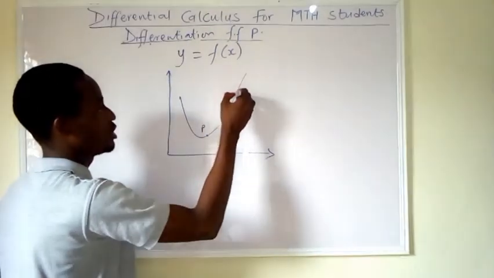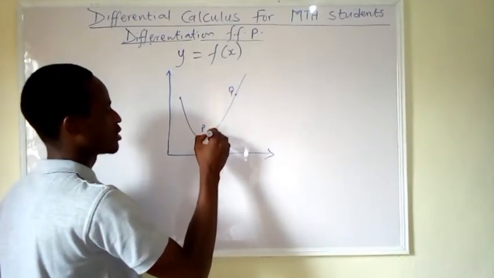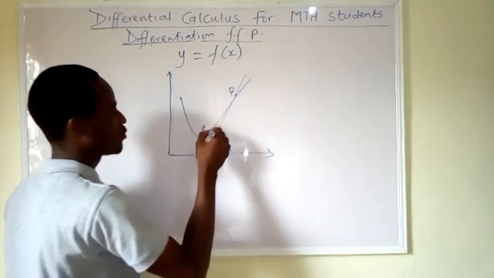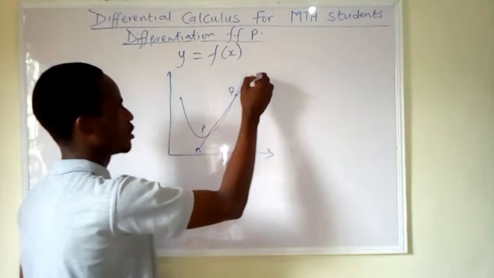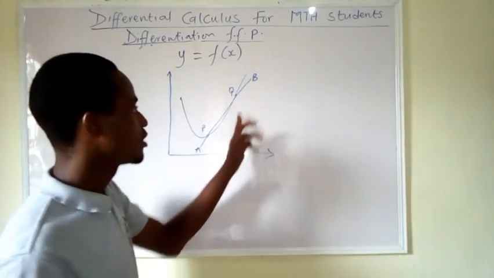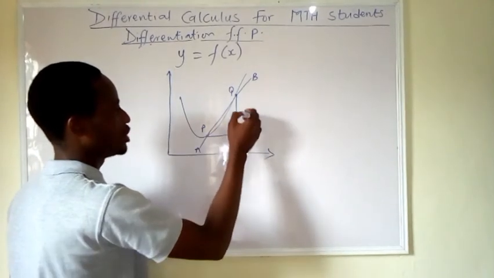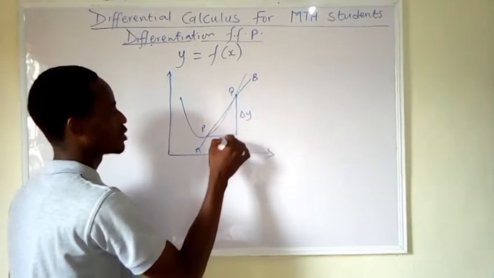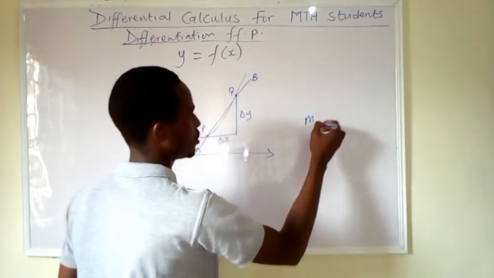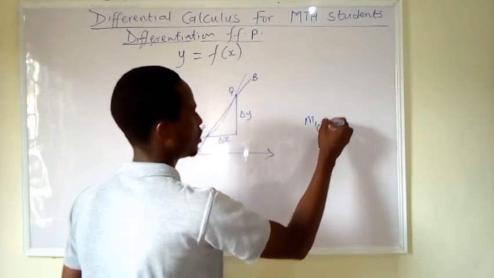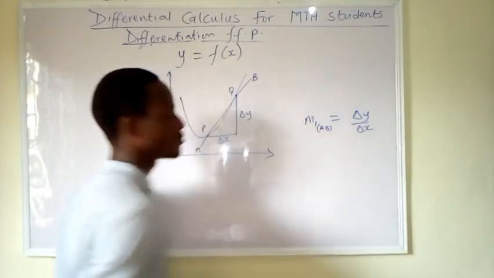So take point P and point Q. If I join a secant, which is the line that cuts the curve, to these 2 points, I would have a straight line AB, of which the gradient could be calculated using this, of which here will be changing y, and here will be changing x. So gradient m1, that is for AB, is going to be equal to the change in y over the change in x.